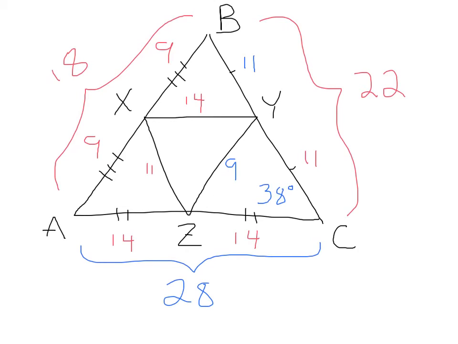Using this information, we should be able to conclude our three asked information pieces. Find the perimeter of triangle ABC, and find the perimeter of triangle XYZ, and find the measure of BYX.